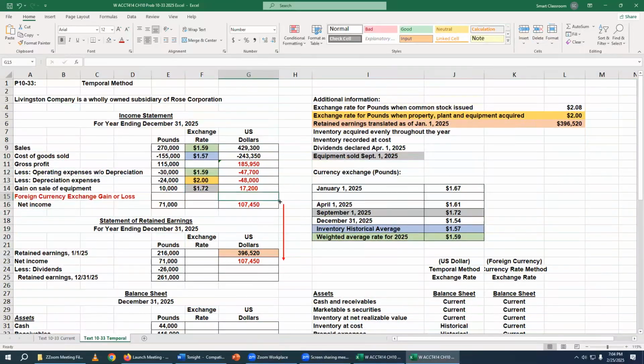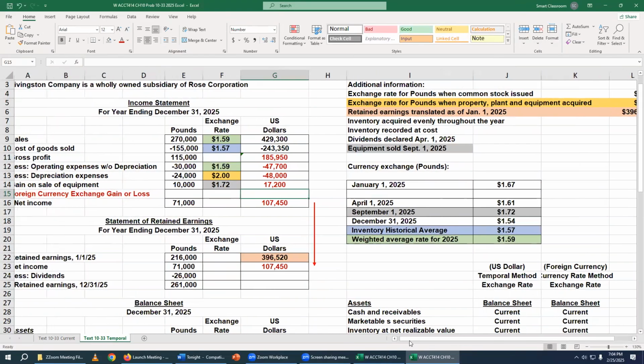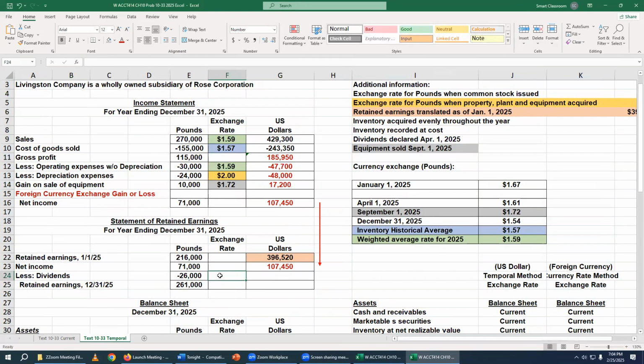All right. Dividends were paid on April 1st.